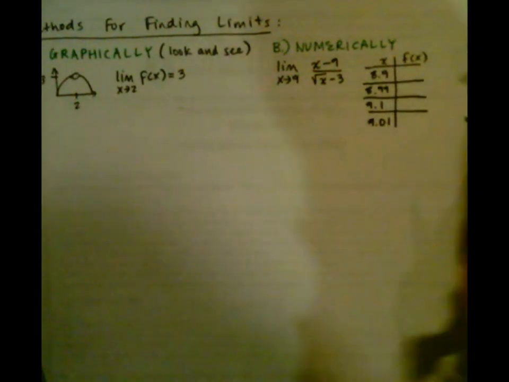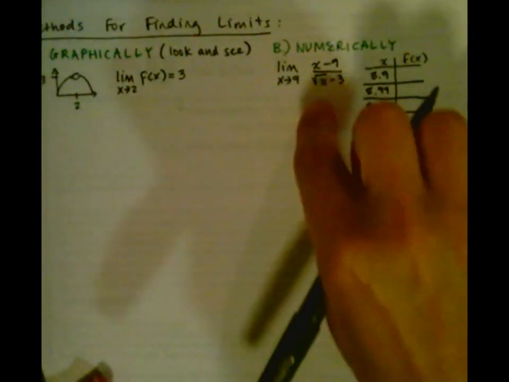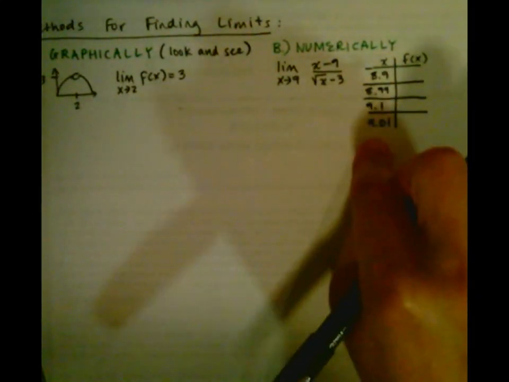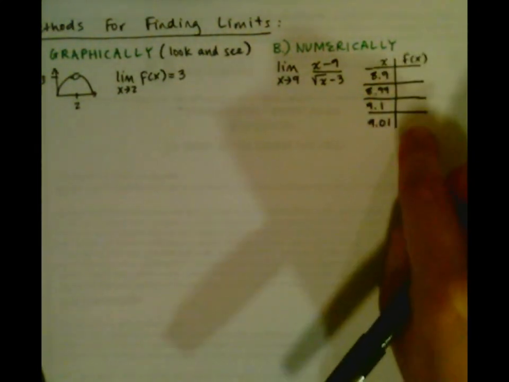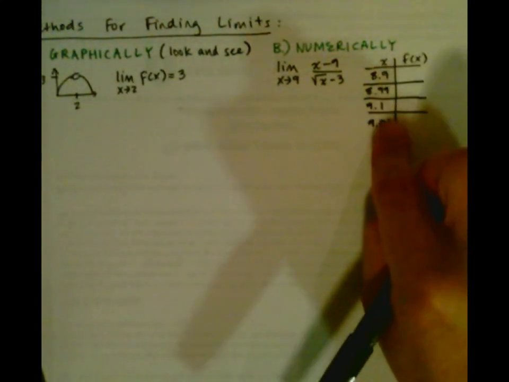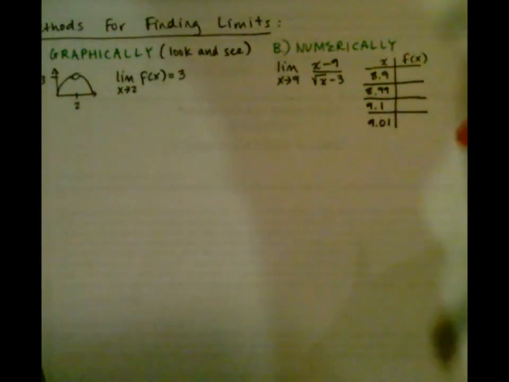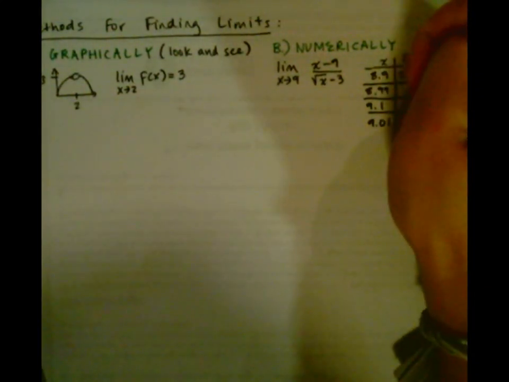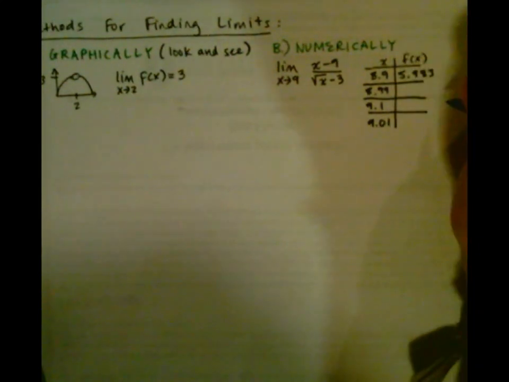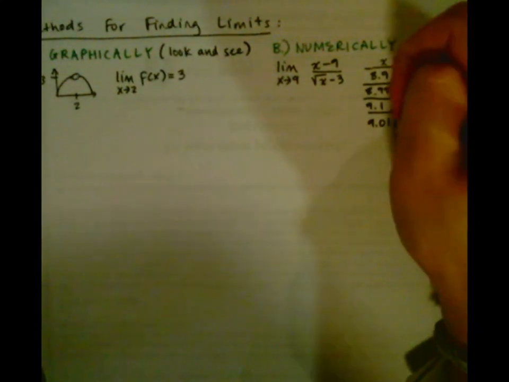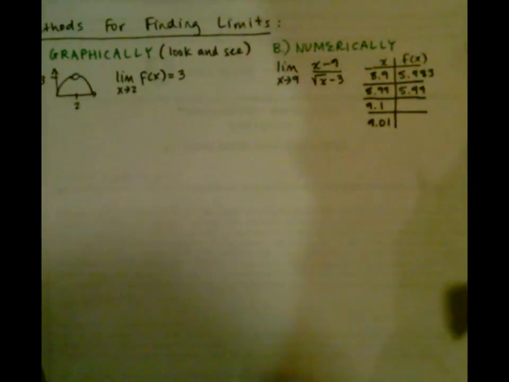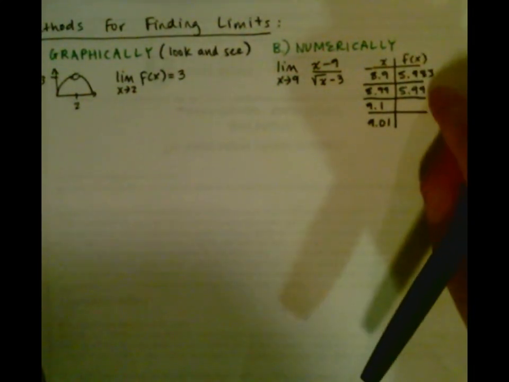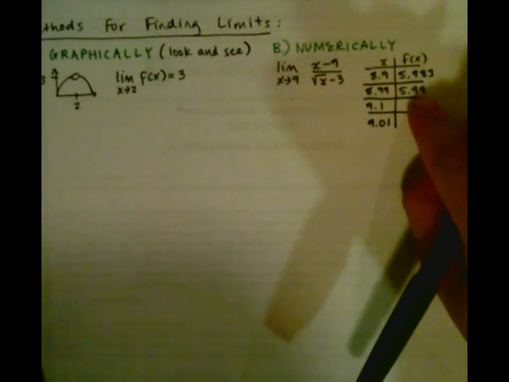You could use a graphing calculator by putting this function into the graph and looking at the table, or I just did this quickly on Desmos and pulled what the function values are for all these x values. At 8.9 I got 5.983. At 8.99 I got 5.99. So from the left hand side it looks like it's getting closer to 6.